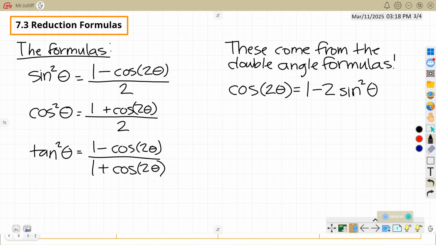So we got to do some algebra. I want to get this guy by itself, right? I want him to be isolated, which means I'm focused on just the right-hand side of the equation. What can I do to the right-hand side of the equation to get sine squared by itself? Suggestions. Take about 30 seconds, talk to your neighbors. What can I do to start solving for sine squared theta?